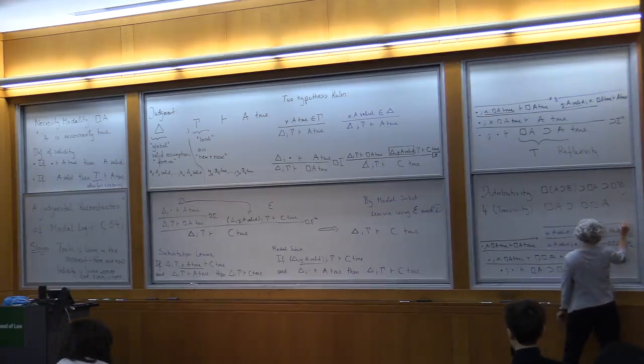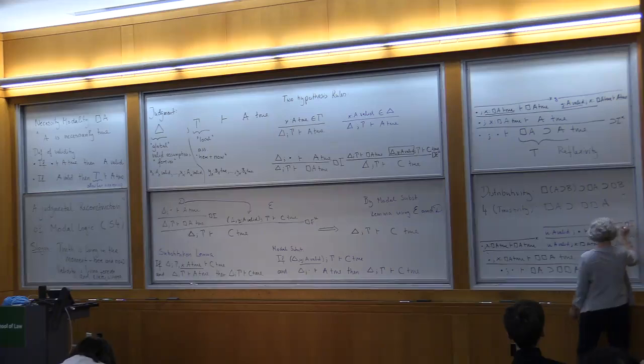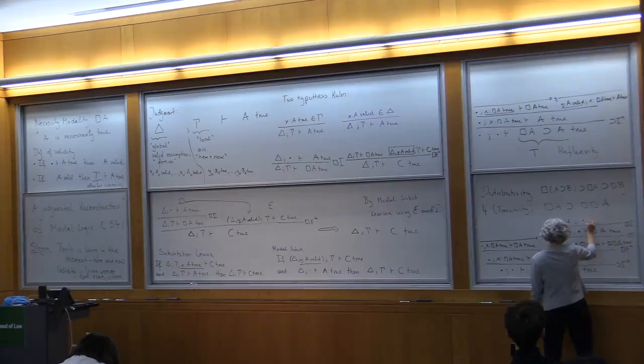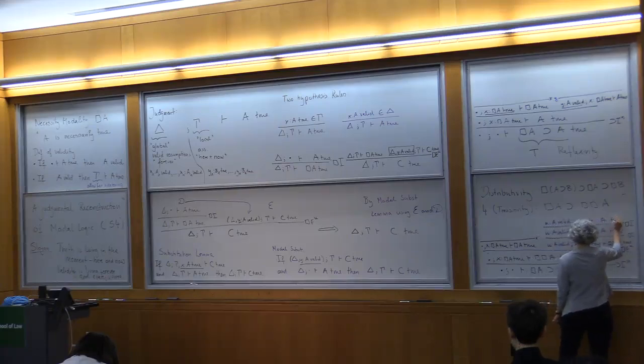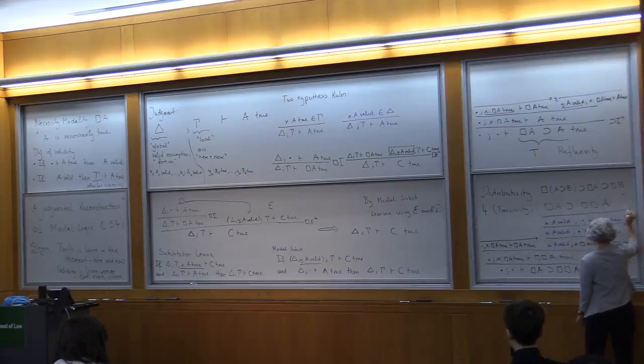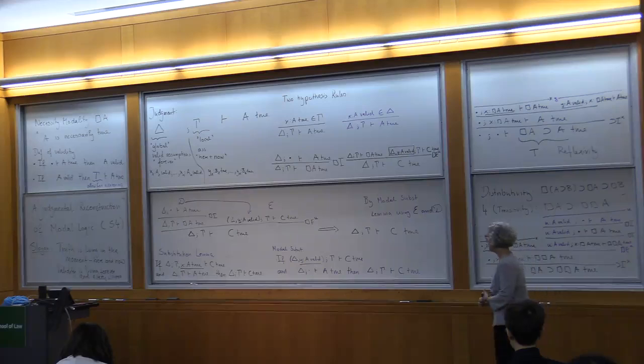We strip off the next box, and we end up needing to prove that from U, which describes A is valid, we need to prove A is true. And that means yes, we have our assumption as valid, so it's also true.